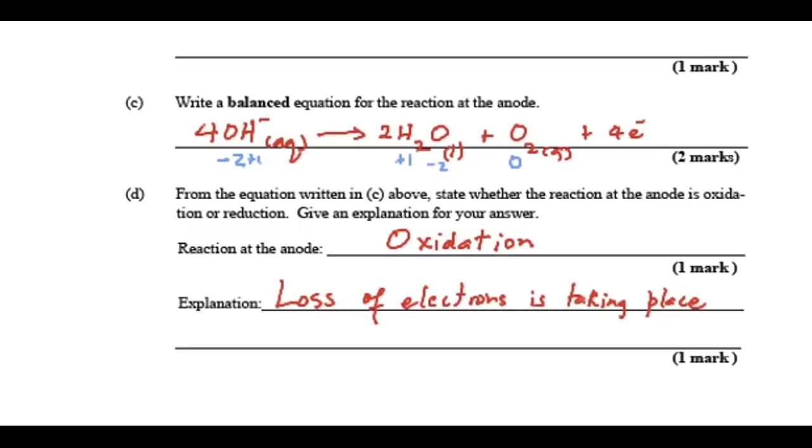So we see that oxygen's oxidation state increased from -2 to 0. We just want to make a note of that. So here we have an increase in oxidation state from -2 to 0.